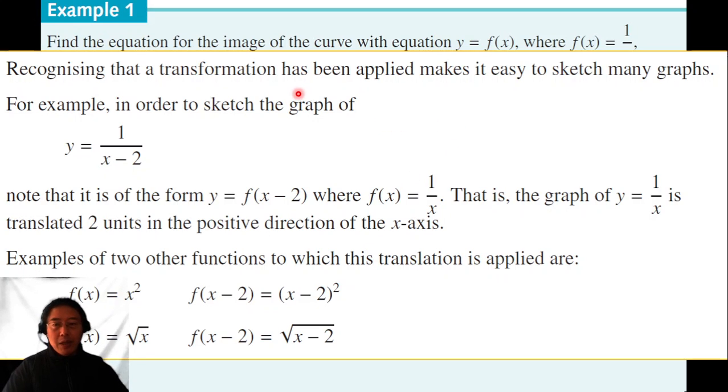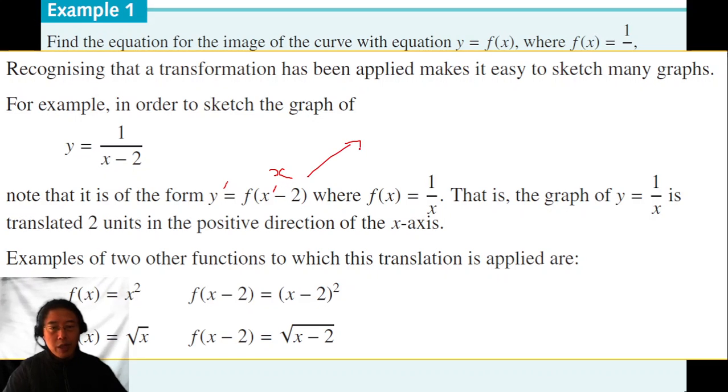Keeping that in mind, let's say for example we have a function that is an image function, which has been transformed. That minus 2, where we substitute x minus 2, indicates that we translate 2 units in the positive direction. Another way you could do that: this is my x prime minus 2, because this is our image, and that needs to be equal to x.